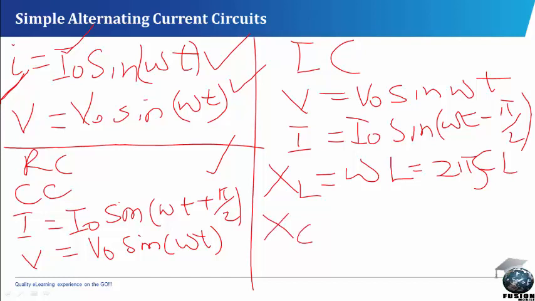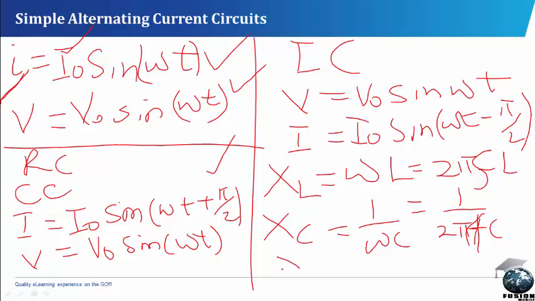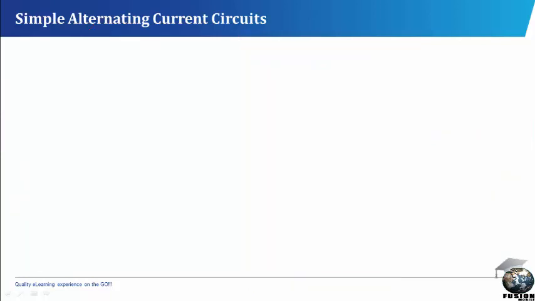Then we have capacitive reactance, which is given as 1 over omega C, which is 1 over 2 pi FC. And note, resonance can only occur if XL is equal to XC. I quote, resonance can only occur if XL is equal to XC.